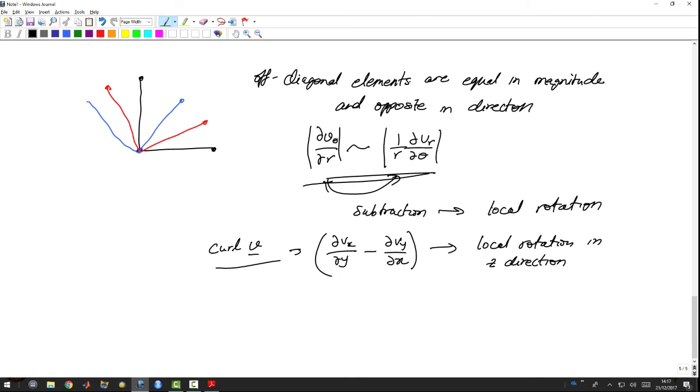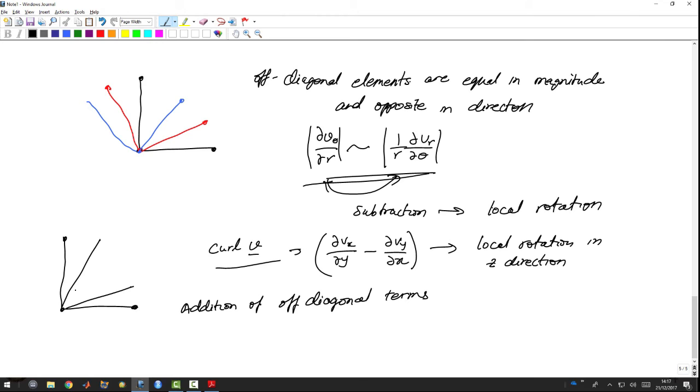And when you add the off-diagonal terms, if we have a fiber like this, it will get deformed. This is nothing but pure shear deformation.